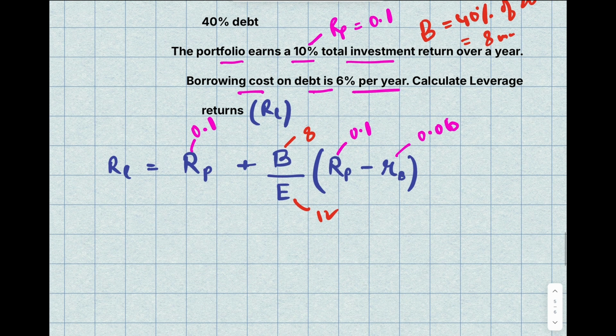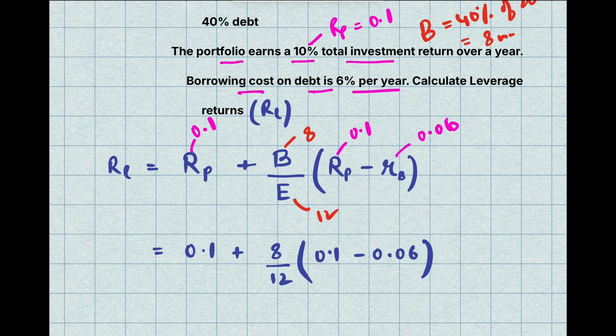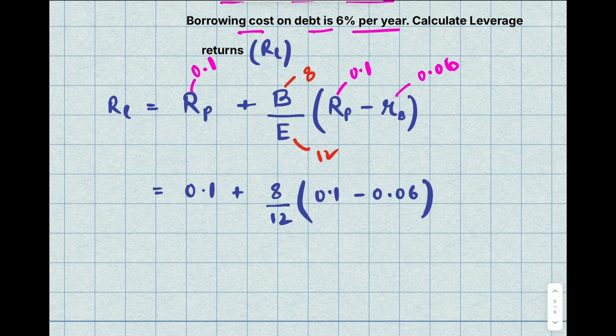So if I plug in, 0.1 plus 8 by 12, 0.1 minus 0.06. I'm not going to bring out my financial calculator. I have a physical BA II Plus calculator as well. I'll calculate it there.